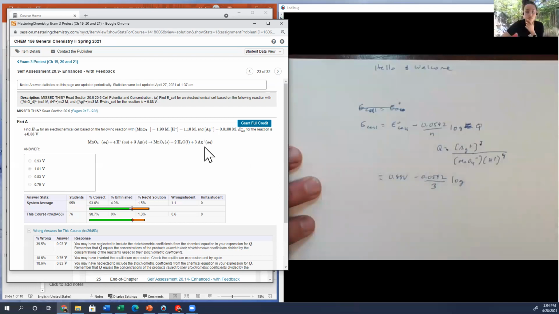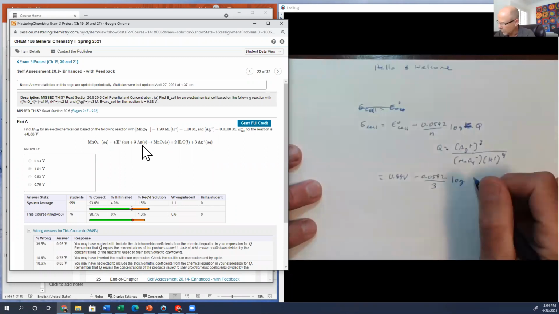So you can tell that it's 3, because it takes 3 moles of electrons to do that. Either way would work.